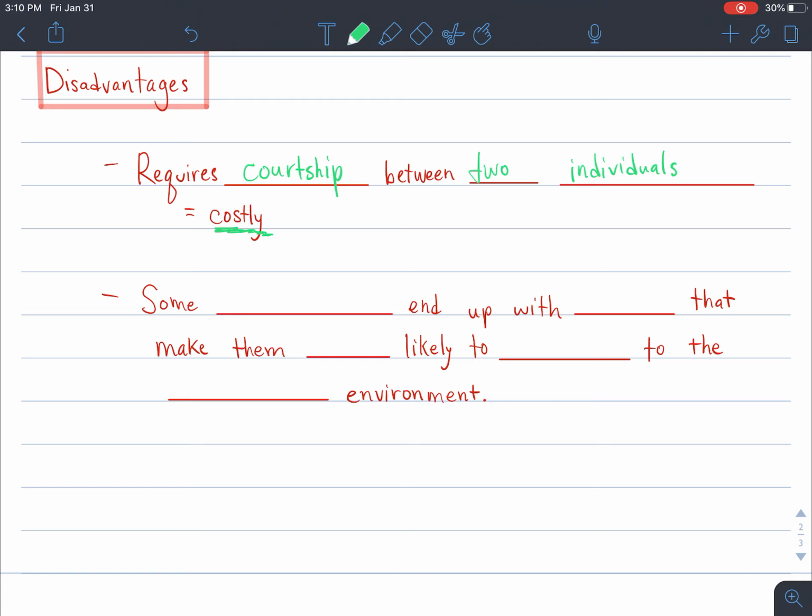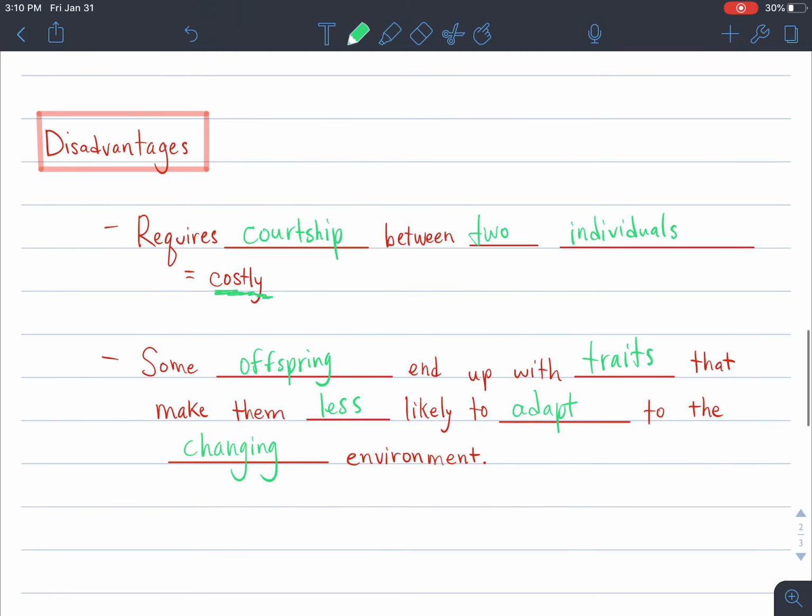Also, a disadvantage is that some of the babies, but the scientific term that we're using is offspring, some offspring end up with traits that make them actually less likely to be able to adapt to the changing environment. So sometimes the traits can be beneficial and help in the new environments, but sometimes they can actually be devastating and negative.